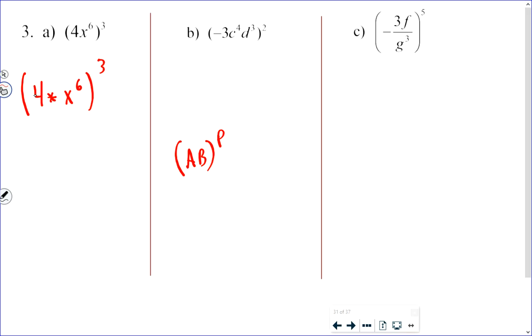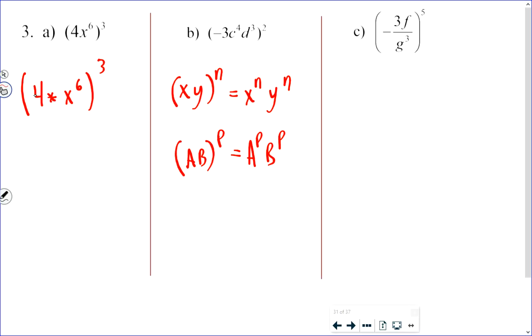In your note package on day 1, we said x times y to the n. This is called the power of a product rule, and it's x to the n, y to the n. Well, if it's a times b to the p, it's a to the p, b to the p.